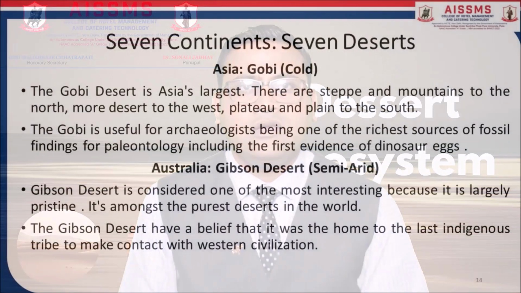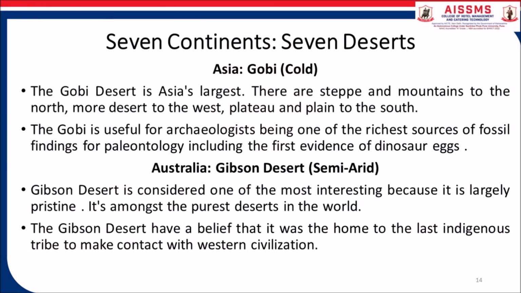Next, we come to Asia, in which a famous cold desert is known as Gobi. Straddling China and Mongolia, the Gobi Desert is Asia's largest. There are steep mountains to the north and more desert to the west, plateau and plain to the south.